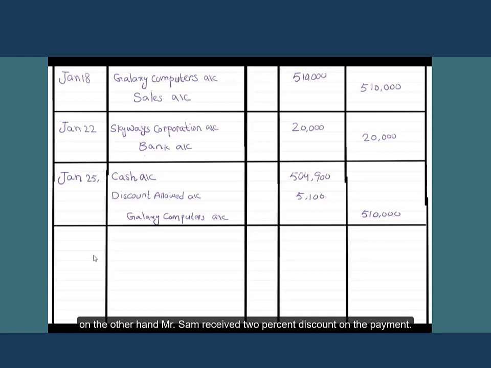On the other hand, Mr. Sam received 2% discount on the payment. Here, discount received is treated as a revenue for the business. Moreover, the payment is made through check, which decreases bank account, so we credit bank account.